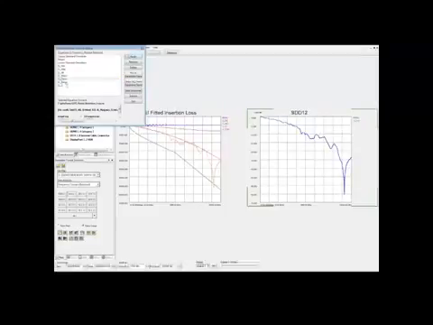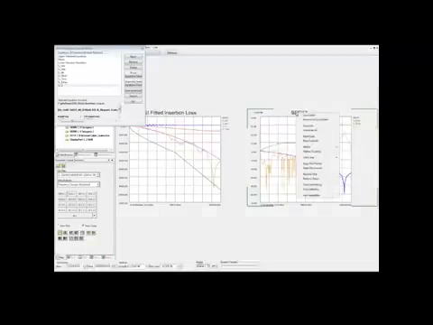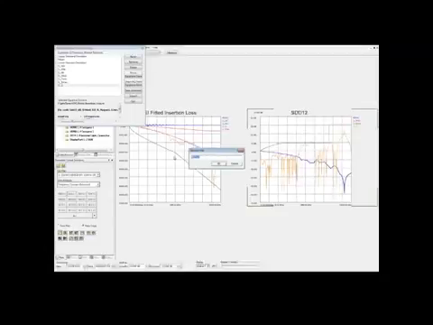Apply that one. Apply ID max and insertion loss deviation. We can do an auto scale on that one, then rename this plot, and we'll call it CEI insertion loss deviation.